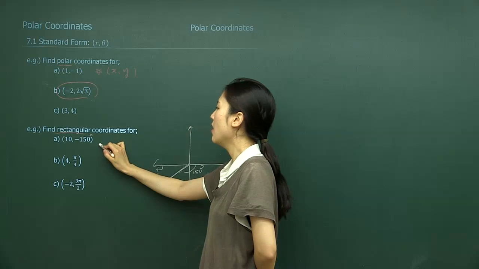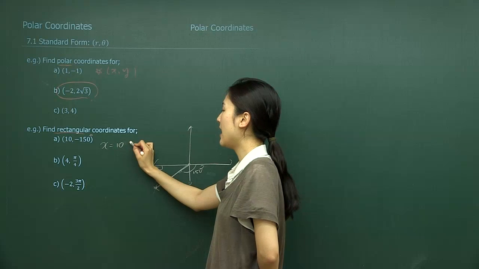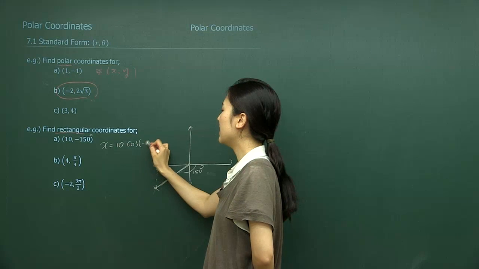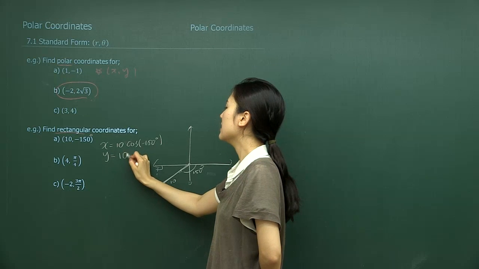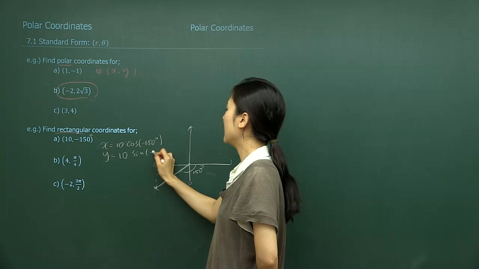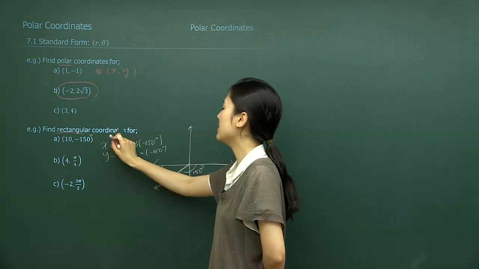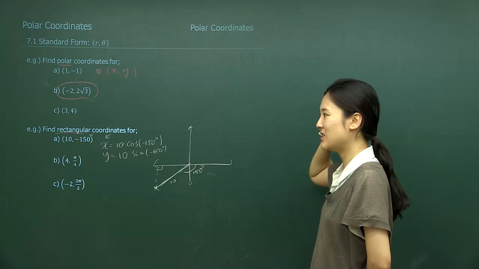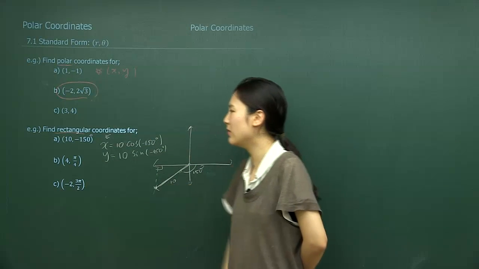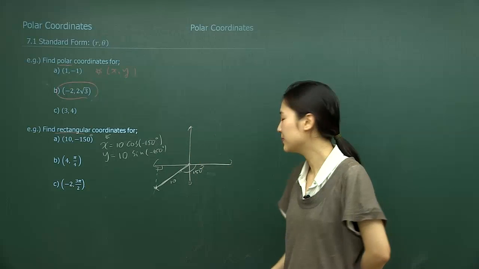You can actually go, oh, I know that x equals r, which is 10, times cosine of negative 150 degrees, and y equals r sine of negative 150 degrees, right? So you can just find these out. Hence, it will tell you what your x and y are. It's actually rather easy. Converting rectangular into polar is so much harder than the other way around.